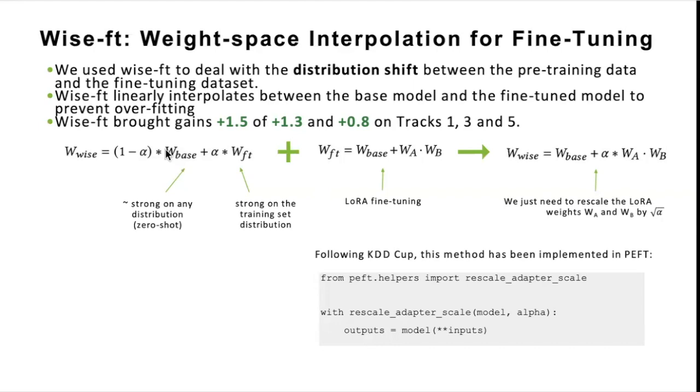So this is your original LM weight, like the pre-trained, say Qwen2 model weights, right? These weights are kind of strong on any distribution. In your pre-training dataset you have the full scope of world knowledge, so it's strong on any data distribution. It's not specific to any domain. It's like zero shot on the full world knowledge, the base knowledge.